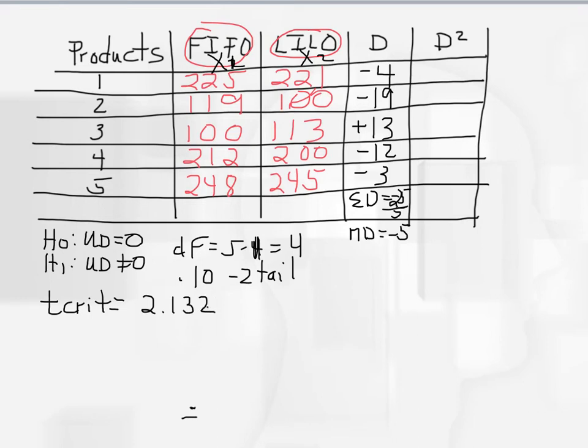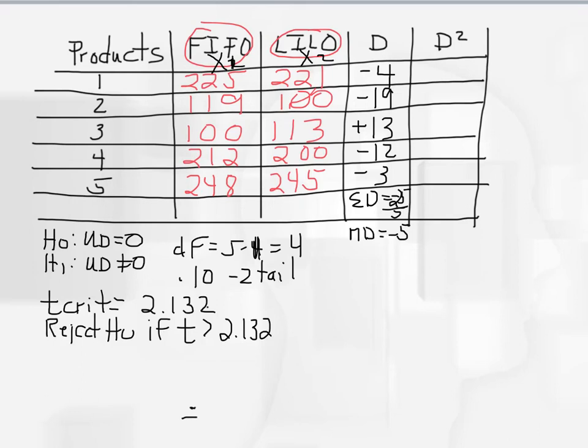So our decision then will be to reject the null hypothesis if the t-value that we compute is greater than 2.132. And since we're doing a two-tailed test, it doesn't matter whether it's minus or plus. It has to be greater than 2.132.